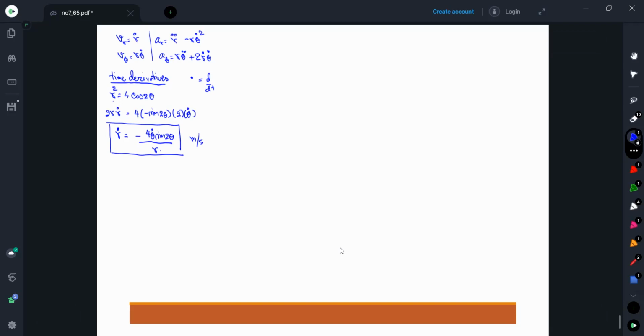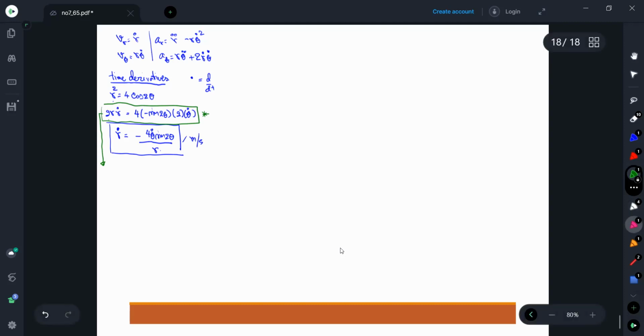After that, we would like to find r double dot, right? Actually, you can take the derivative of this term also, but I will select this equation instead. That is maybe better. I take the derivative of this clean equation instead.